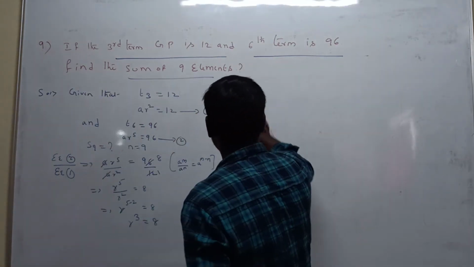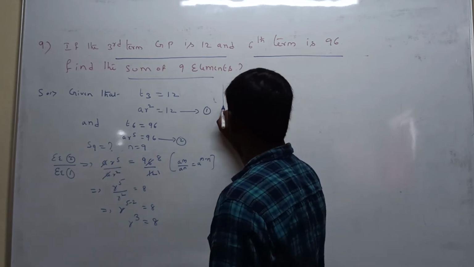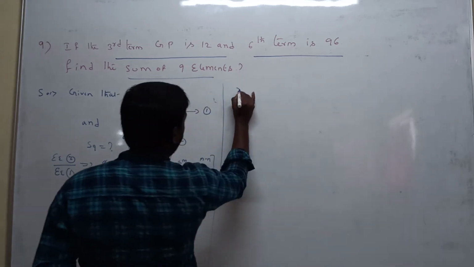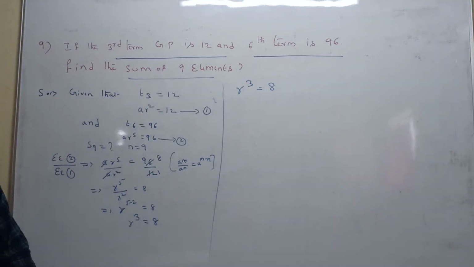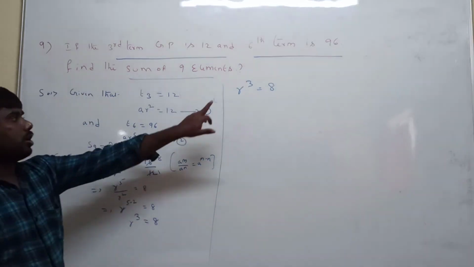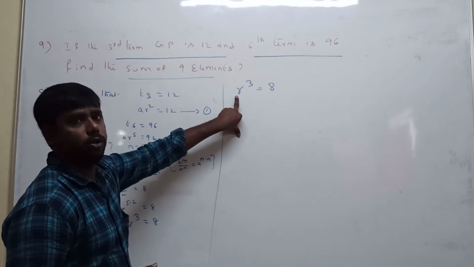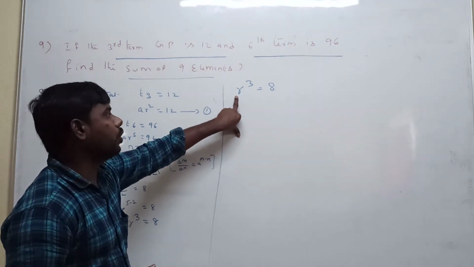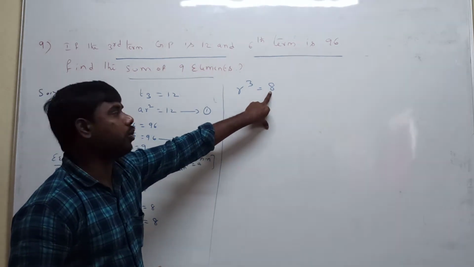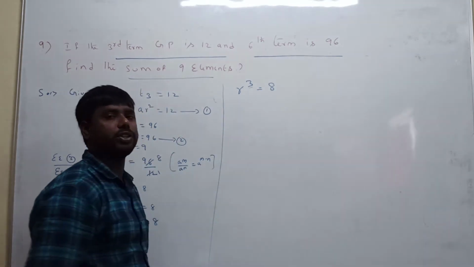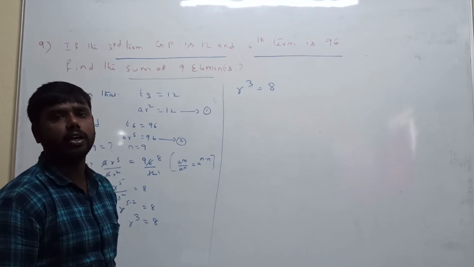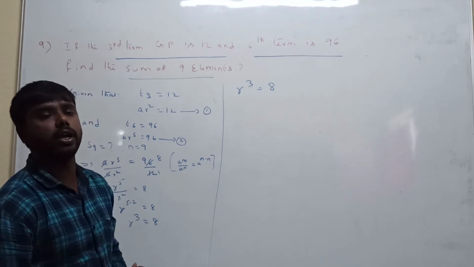So now find the r value. How to find the r value? r cube is equal to 8. If you want the r value, how to convert this? Because the power 3 is there, which number multiplied 3 times gives 8? 2 cube is 8.